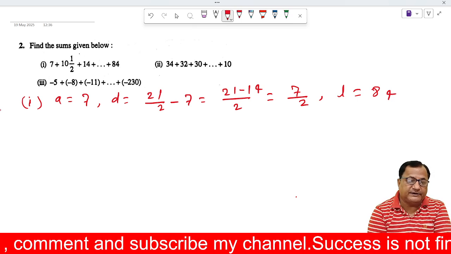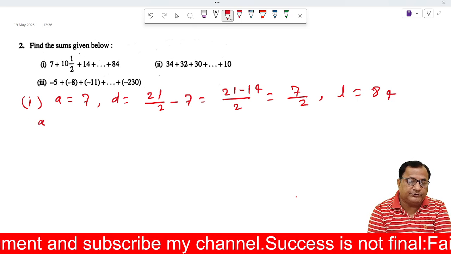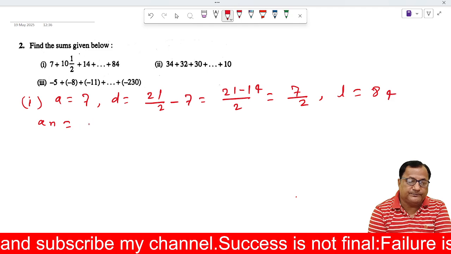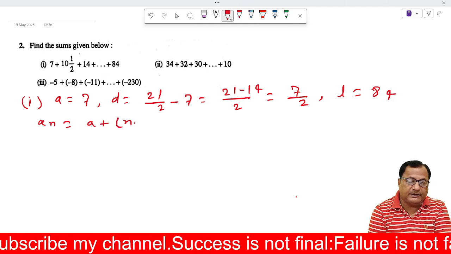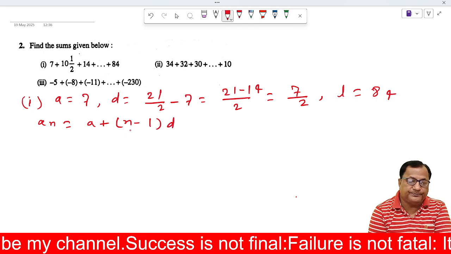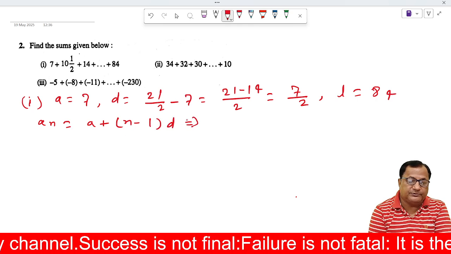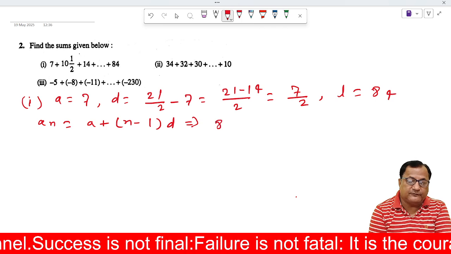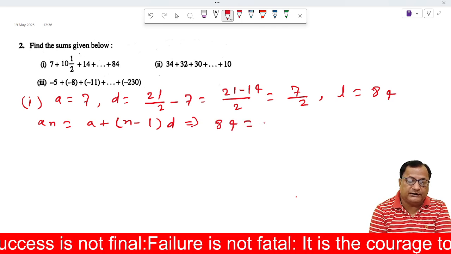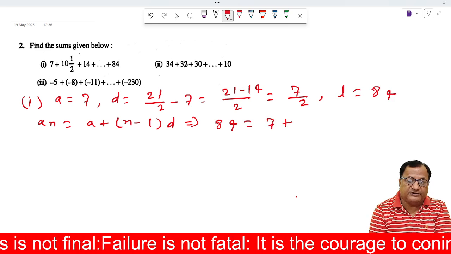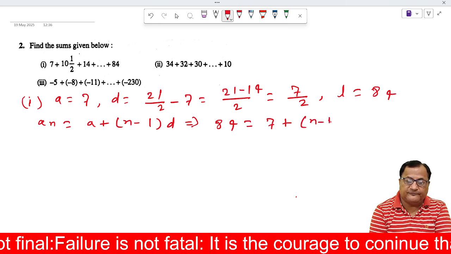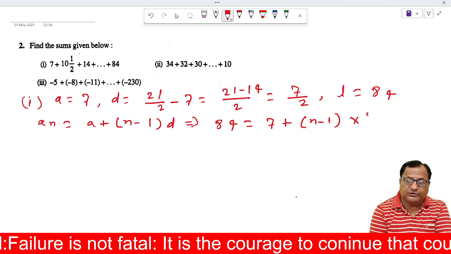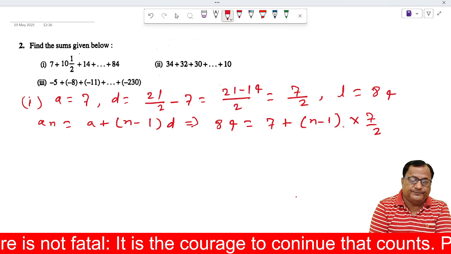So first we will find N, using this formula: An is equal to A plus N minus 1 into D. We put An is equal to 84, A is equal to 7, and D is equal to 7 by 2.